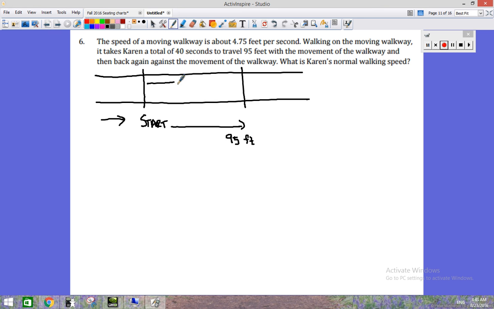So when she's walking in this direction, she's walking with the speed of the walkway. When she gets to this point, she turns around and she's walking the other direction, which is against the walkway.